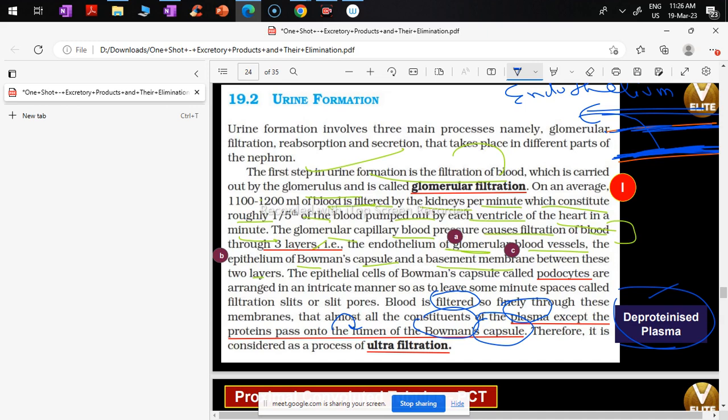Because protein has been removed. Protein is not passing into the lumen of the Bowman's capsule. That's why we say except the proteins. So therefore it is considered ultrafiltration.